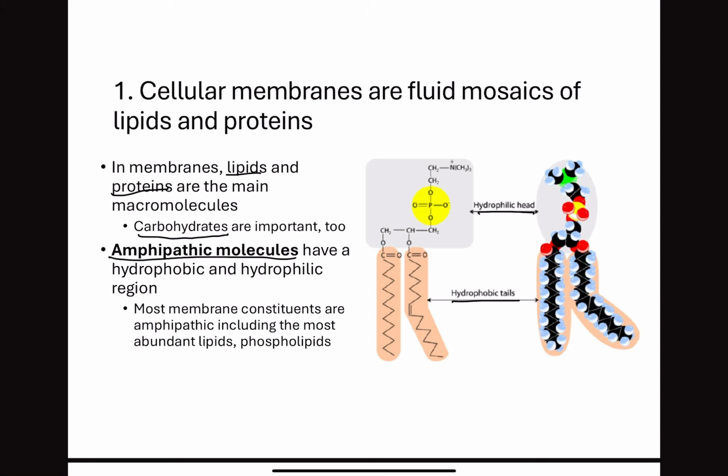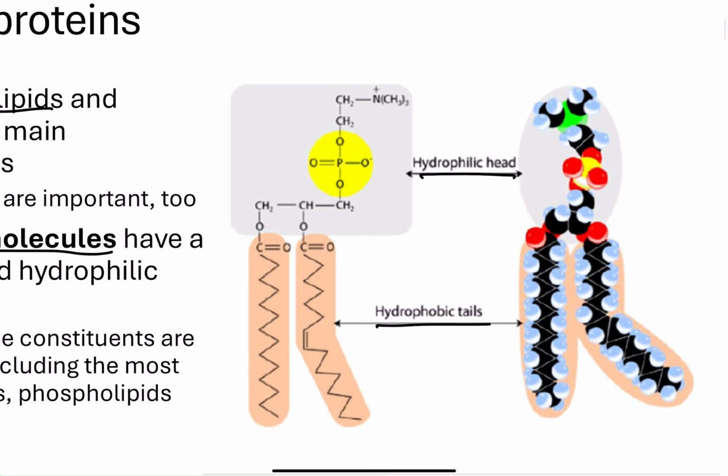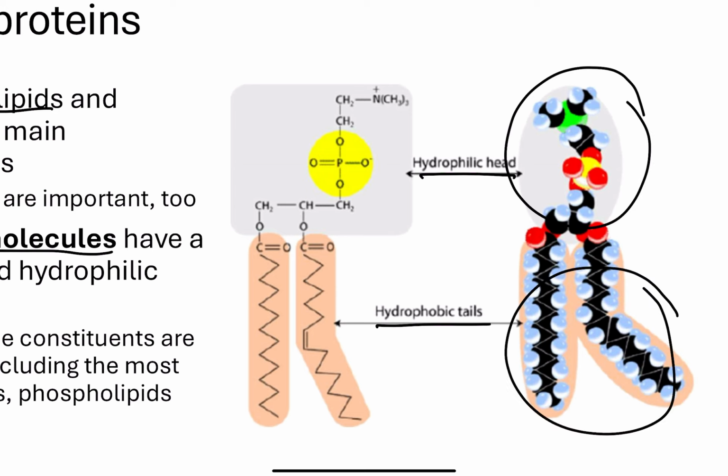And what this figure is showing us is the structure of our phospholipid. So our phospholipid is going to have a hydrophilic head, and then it's going to have a hydrophobic tail. So the head is going to be water-loving and our tail is going to be water-fearing. And our hydrophilic head is going to contain this phosphate group, and that's going to be oriented towards the aqueous environment.